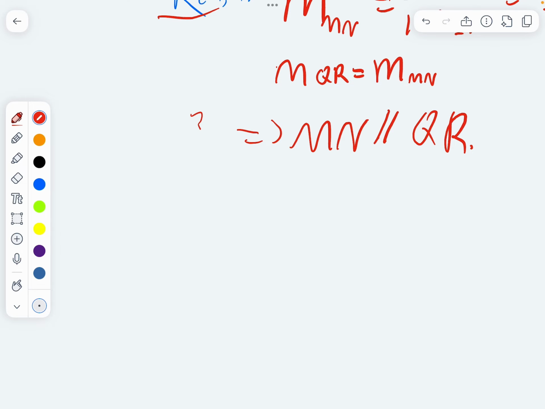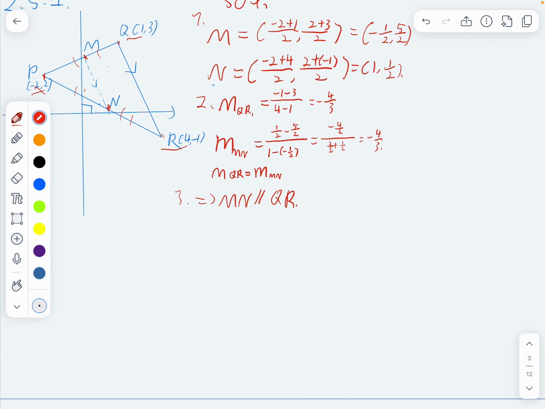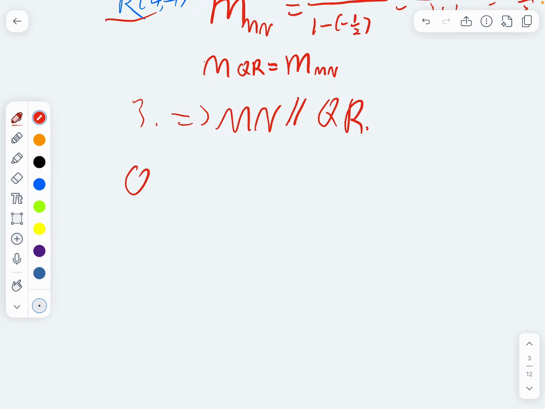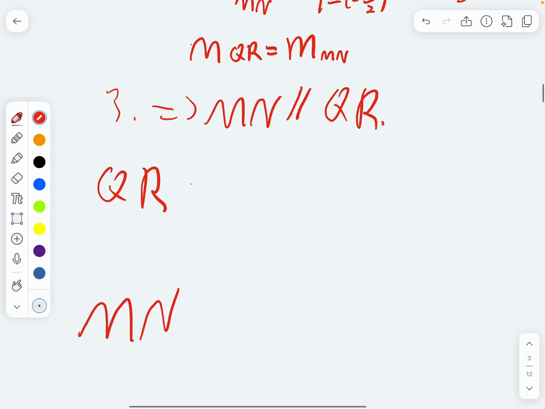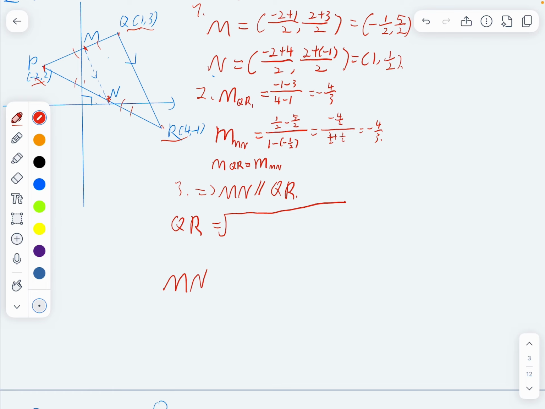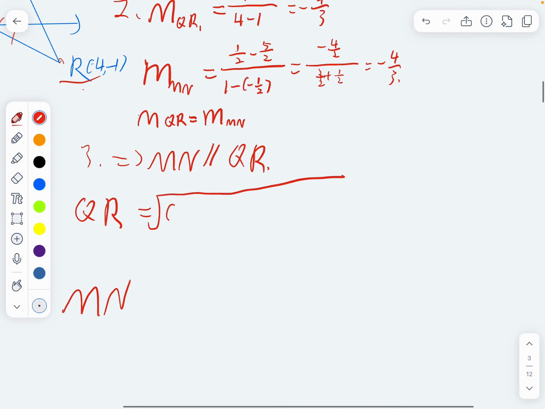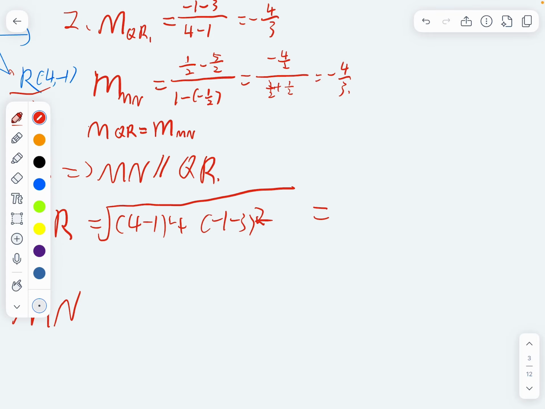That is step 3. In step 4 we calculate the distance of the lines, for QR and MN. QR equals the square root of 3 squared plus 4 squared, which is the square root of 25, equal to 5.